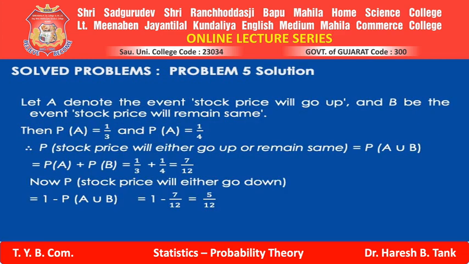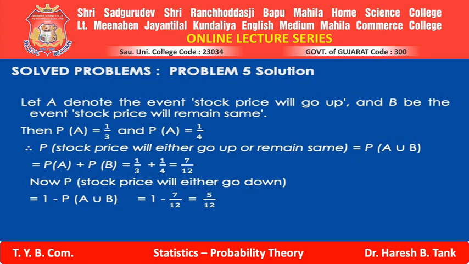Let A denote the event stock price will go up, and B be the event stock price will remain the same. Then probability of A becomes 1 upon 3 and probability of B becomes 1 upon 4. There is a typing mistake here. Probability of B is 1 upon 4.